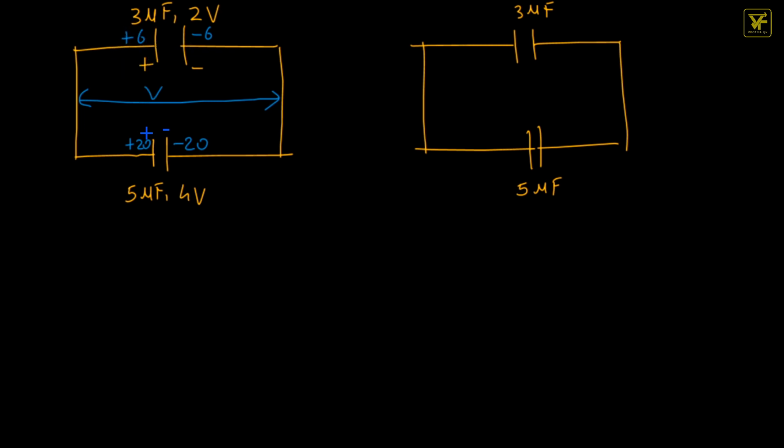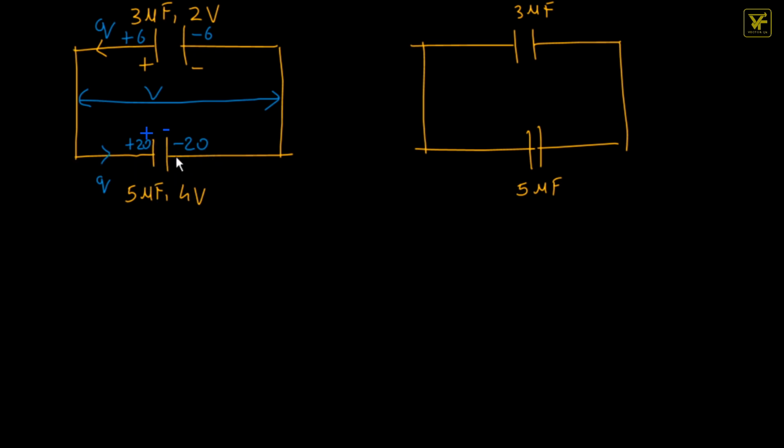Because of rearrangement of charges, some charge flows out from this plate. Let me write that charge as Q. Say Q charge flows out from this plate. So that means Q charge will again come back to this plate. This is the final condition.